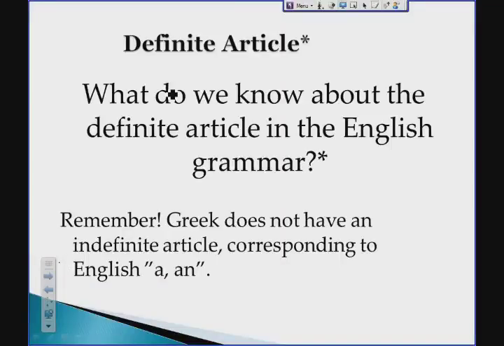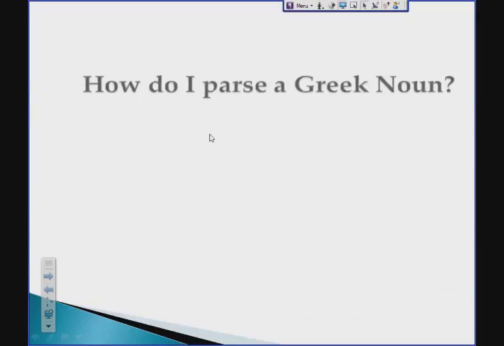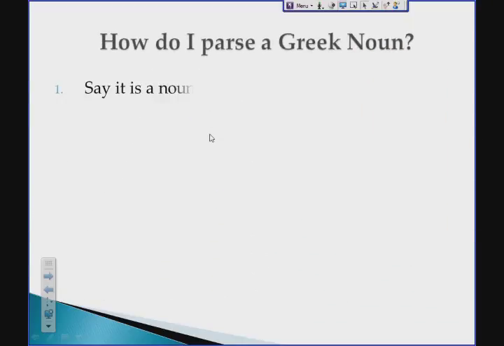Okay. Let's see. I must go back to this. I must just get used to this board. All my slides are repeating. Okay, now how do I parse or analyze a Greek noun? Say I give you a sentence and I underline a Greek noun. I want to give you a sentence and that will help us.